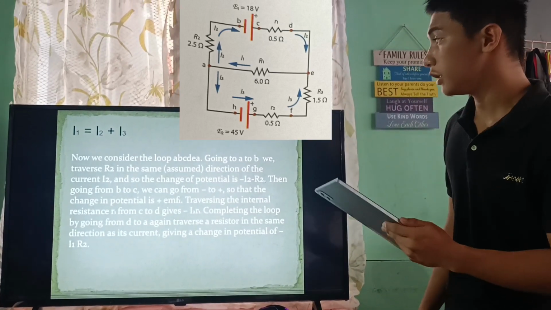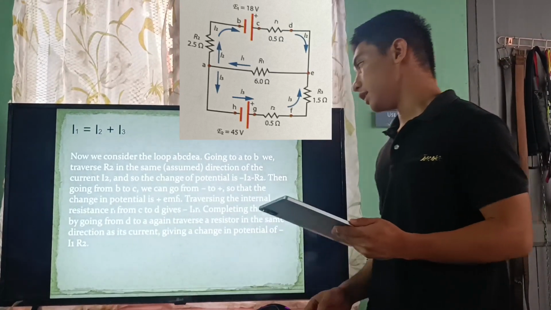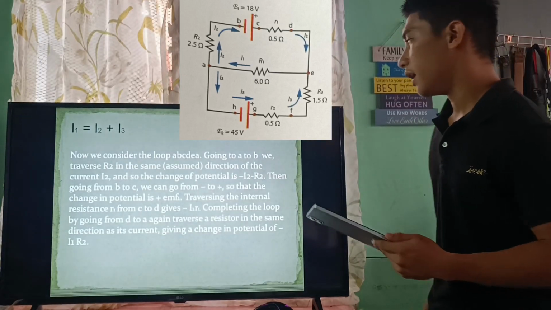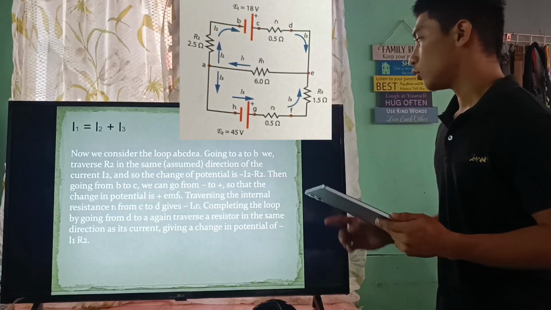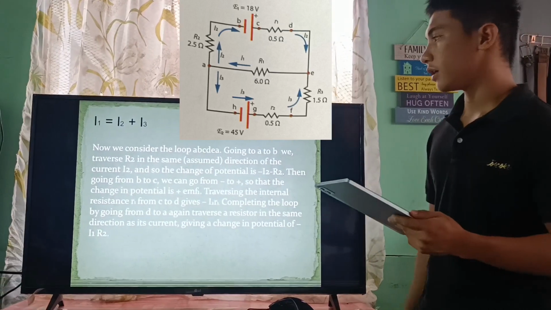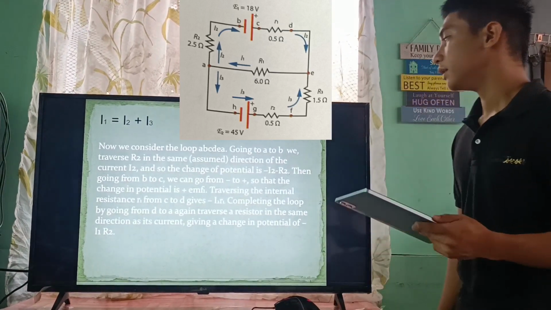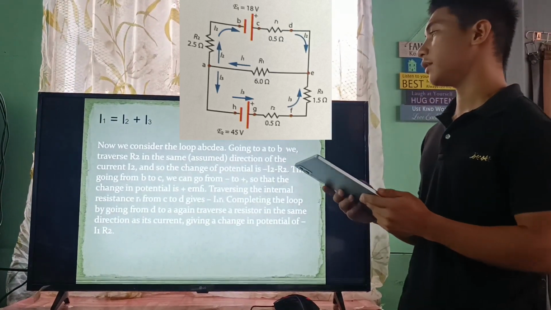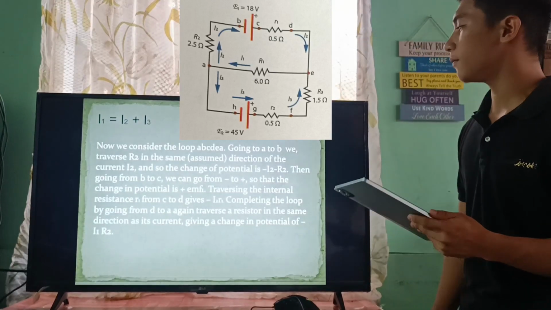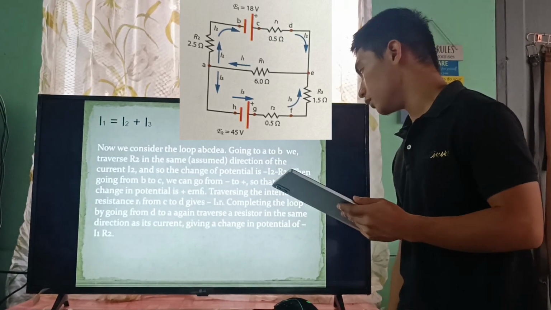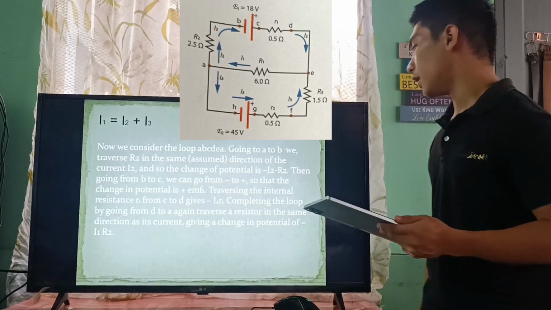Now we consider the loop A, B, C, D, E, A. Going from A to B, we traverse R2 in the same assumed direction of the current I2, and so the change in potential is negative I2 R2.